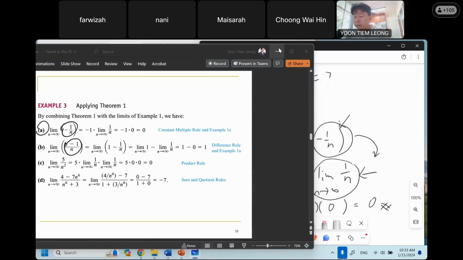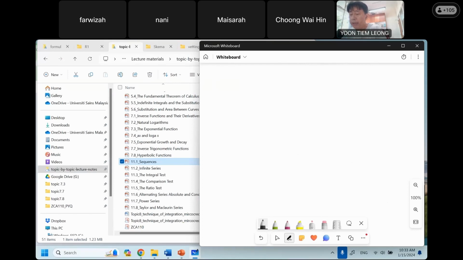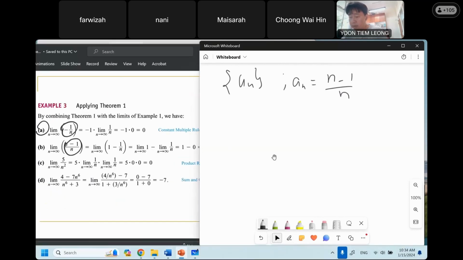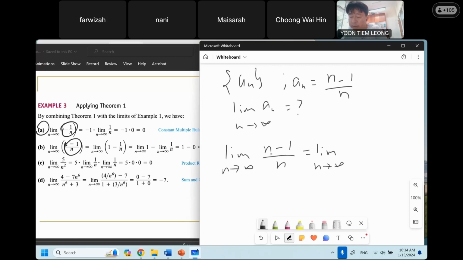To do these questions, again, I'm going to show you explicitly the step-by-step procedure. You're asked to find the limit of a sequence. Here, the sequence an is expressed by n minus 1 over n. So the limit of the sequence is written as the limit as n goes to infinity of an. To do these questions, you just write down the calculations for n minus 1 over n, then do some rearrangement of the expression.